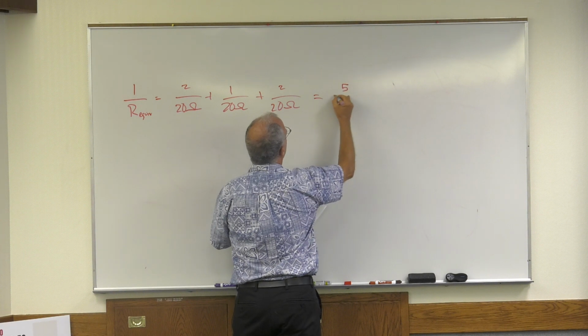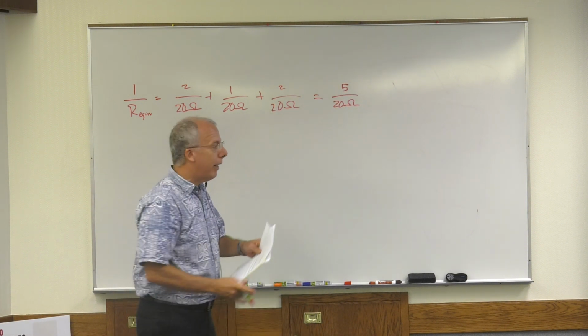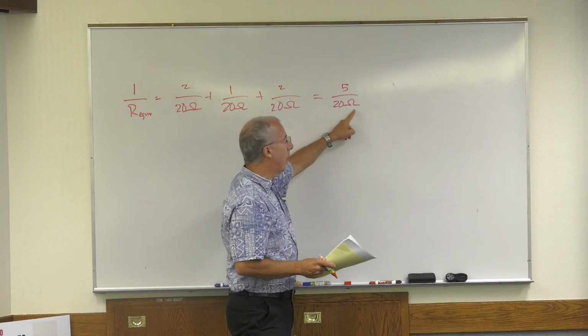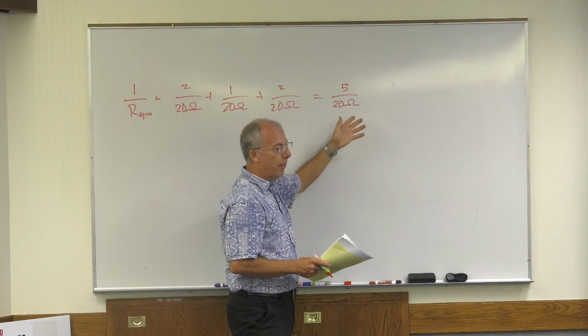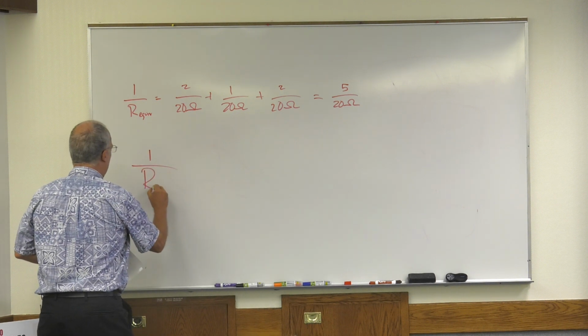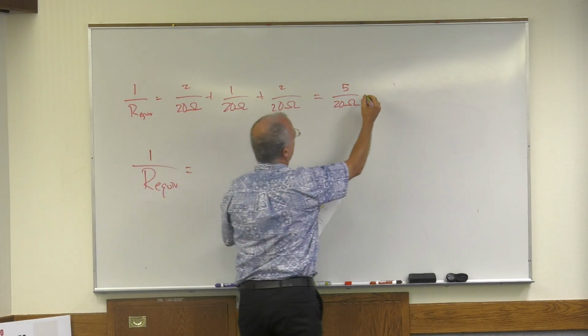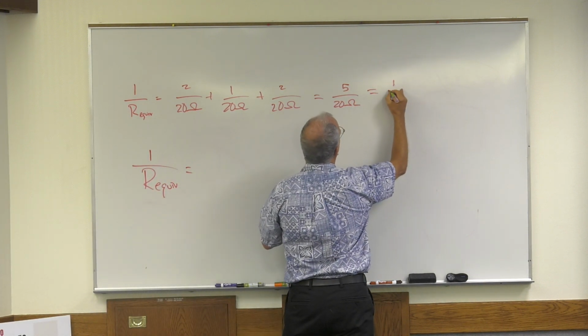So we have 5 over 20 ohms. Here you really should write your units because it'll help you not make a silly mistake. So we have 1 over R equivalent equals, oh, by the way, what's 5 over 20? It's 1/4, right?